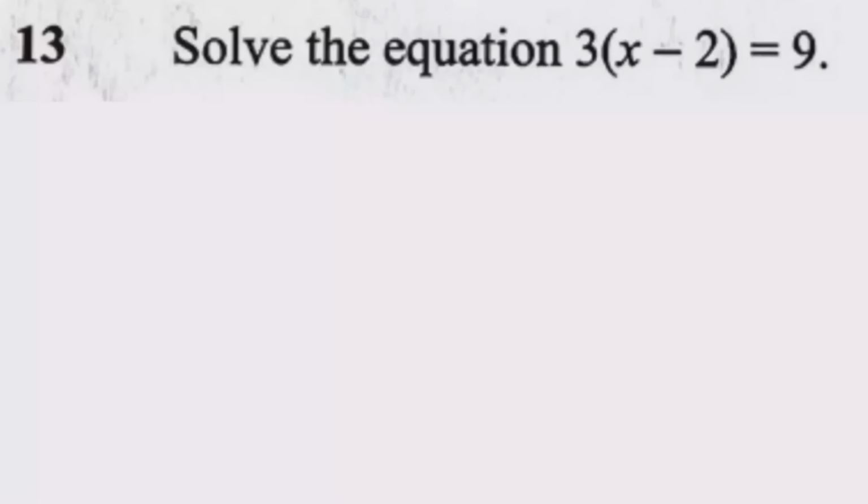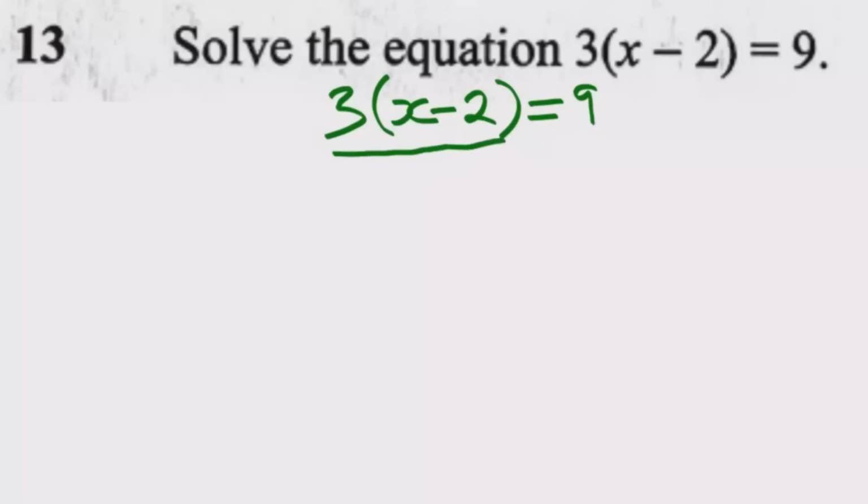Let me copy the entire expression, which is 3, open bracket, x minus 2, close bracket, is equal to 9. Okay, then what do we do? We get rid of brackets, so we multiply every number in these brackets by 3.